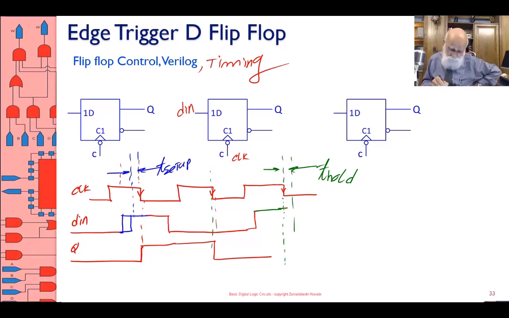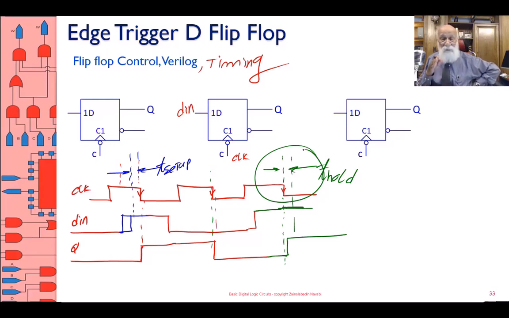In all your timings, you want to make sure that this is not violated. And in this case, this becomes 1. Hold time is D holding after the edge of the clock. Setup time is D setting up before the edge of the clock. That's one thing I need to say about the timing.